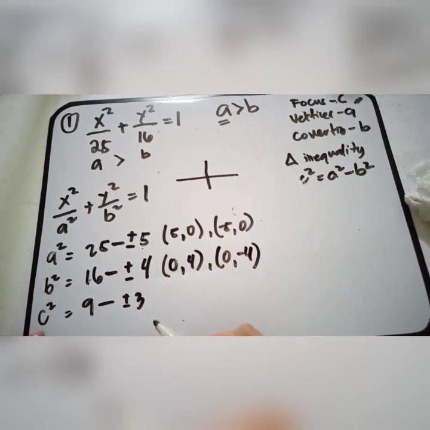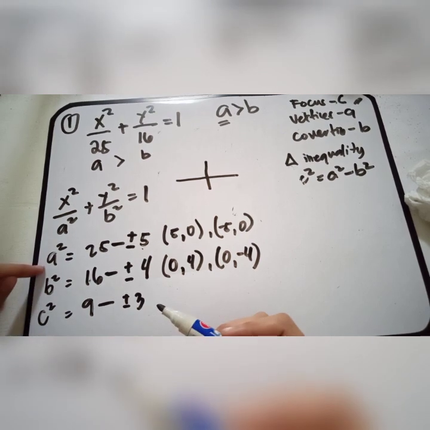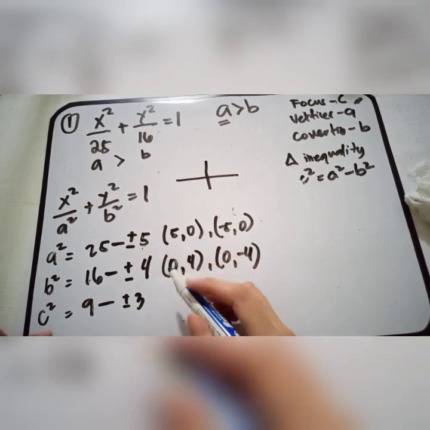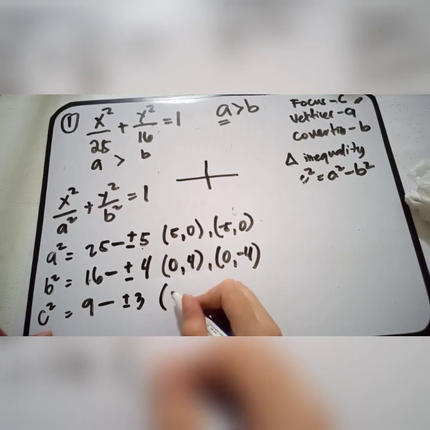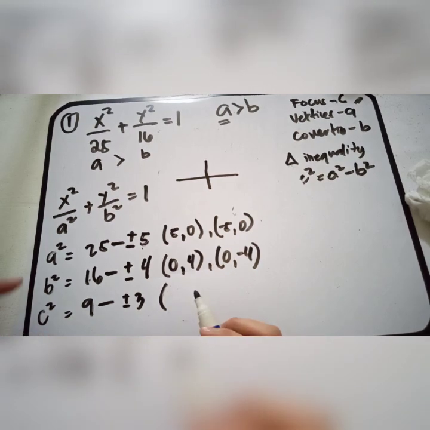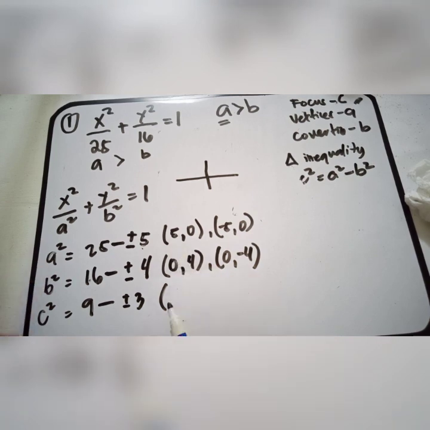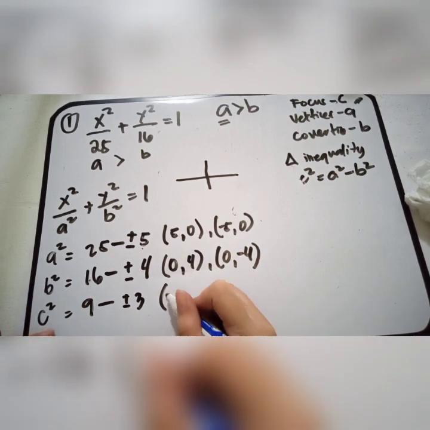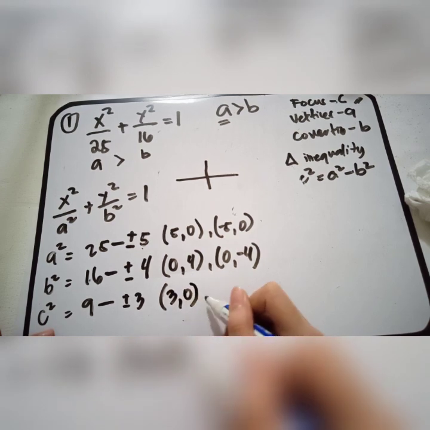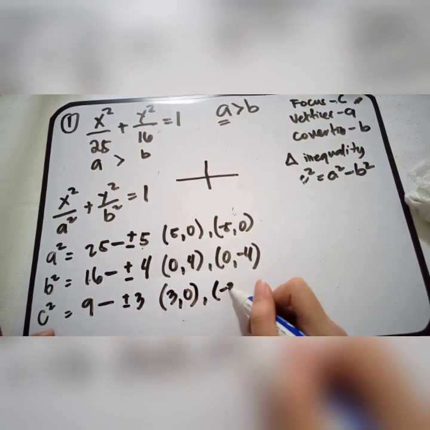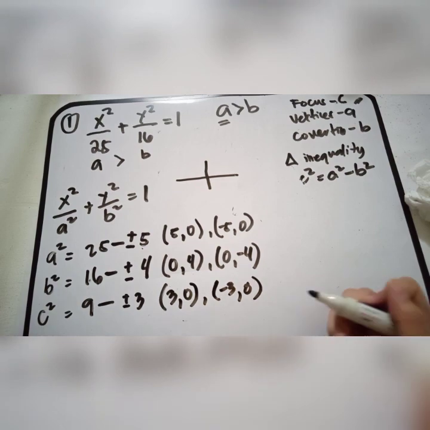For C, C is collinear with A, so it is on H. Just remember, if our A is on H, the same goes for C, so you won't get confused. So that is 3, 0, and negative 3, 0.